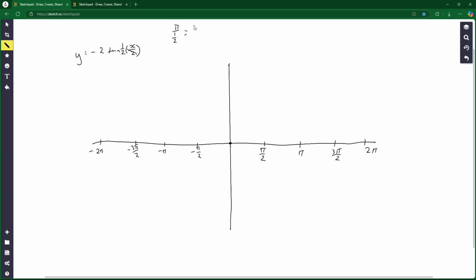That's just going to equal pi over 1 times 2 over 1, that's just going to equal 2 pi. So our period is equal to 2 pi.